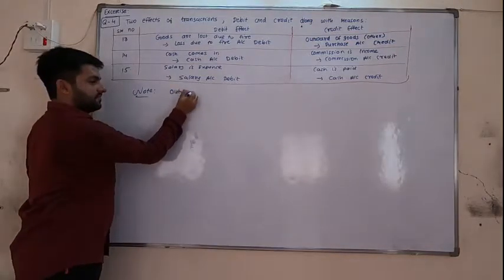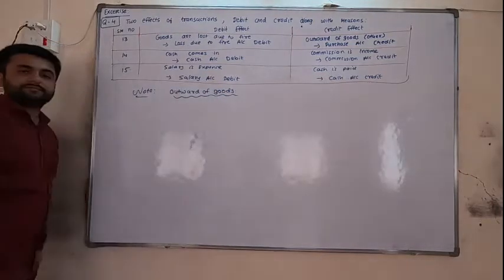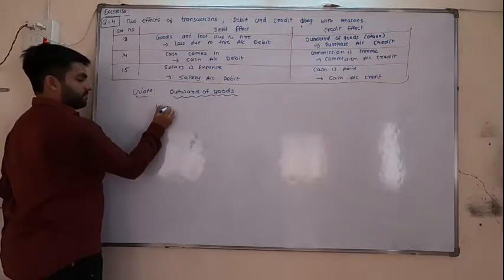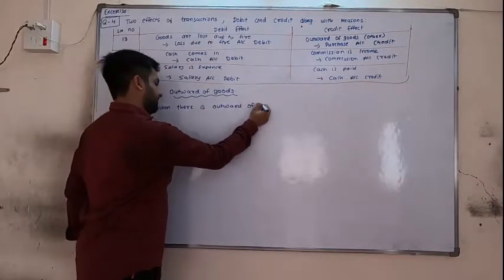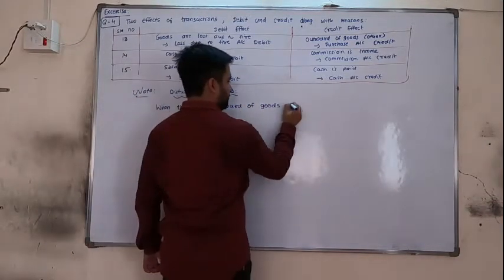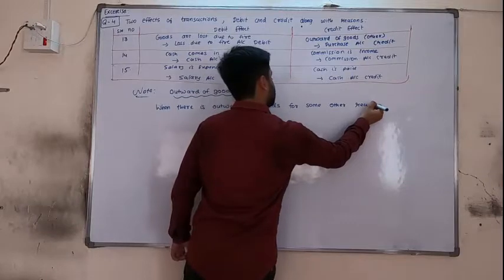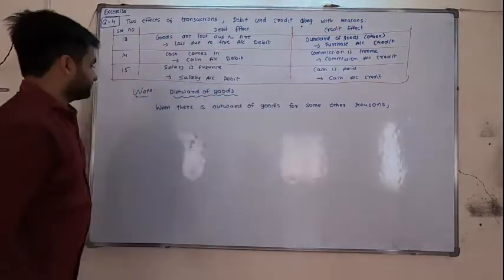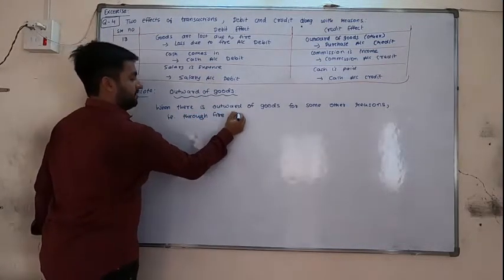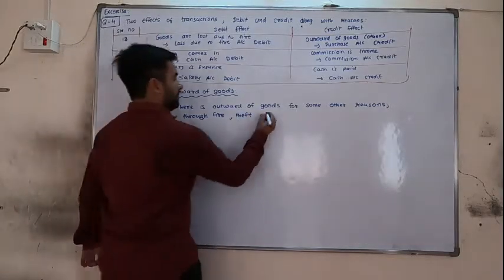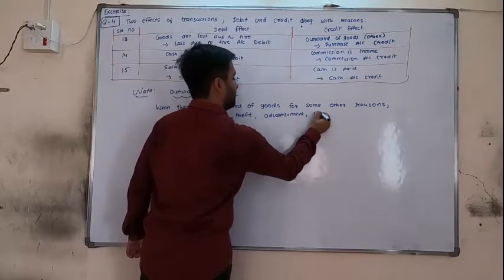Now we are writing the note. Heading is outward of goods. When there is outward of goods for some other reasons, that is through fire, theft, advertisement, charity.